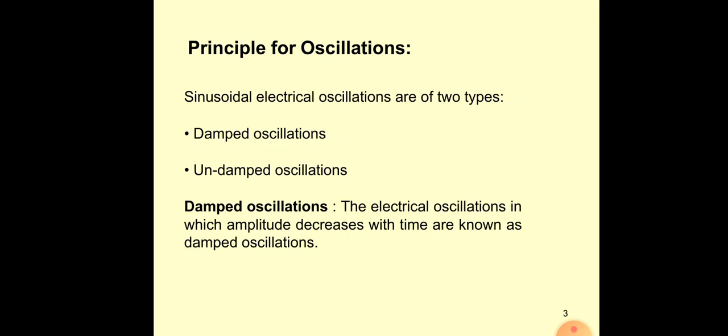Principle of oscillations: sinusoidal electrical oscillations are of two types, damped oscillations and undamped oscillations. So what is a damped oscillation? Damped oscillation is a sine signal, an electrical oscillation in which the amplitude decreases with time.